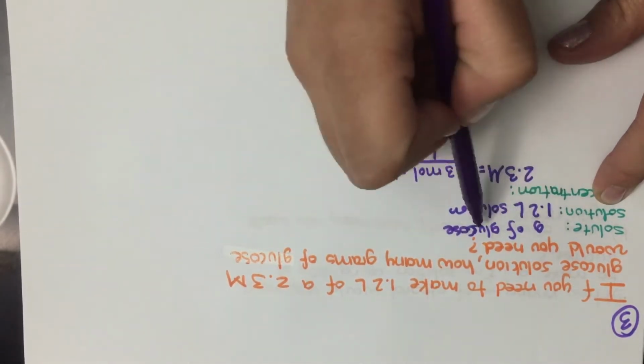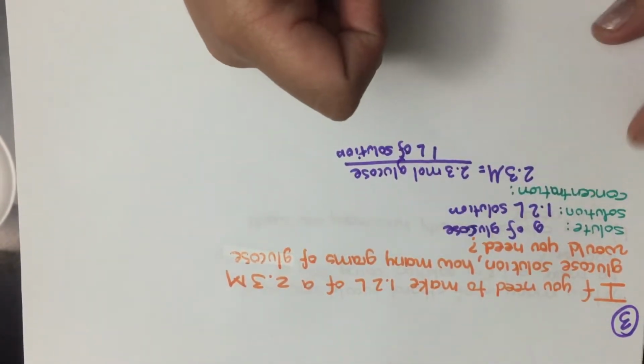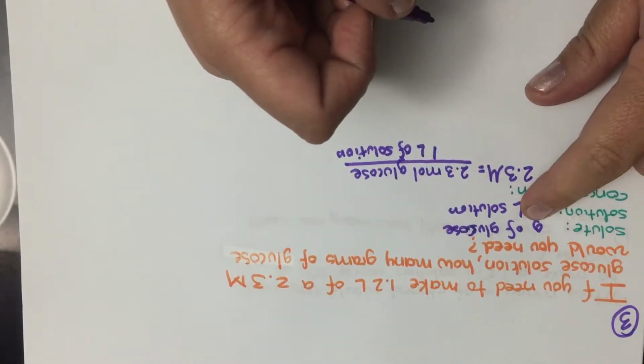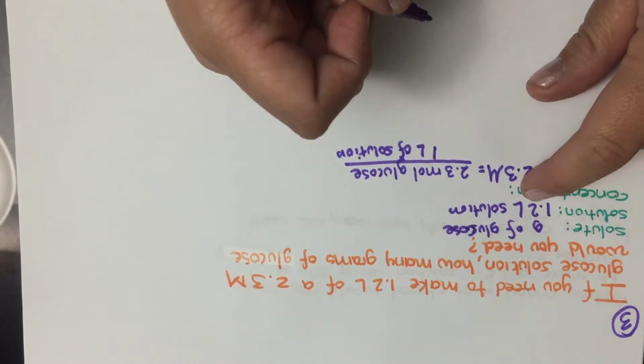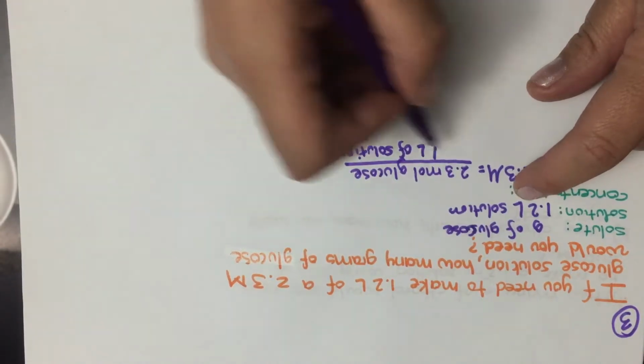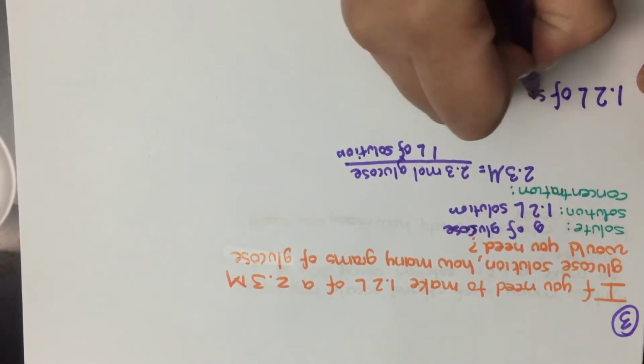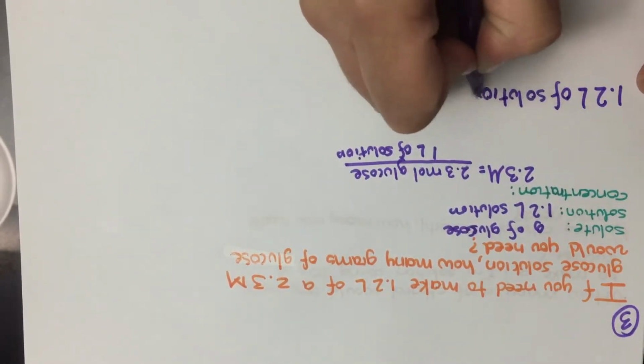So we need to get those grams of glucose out. All right, so let's go ahead. We have liters of solution. So that means we don't have to make any conversions. We can just set it up. Liters of solution. Okay.